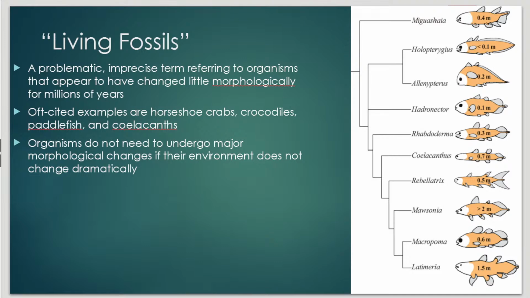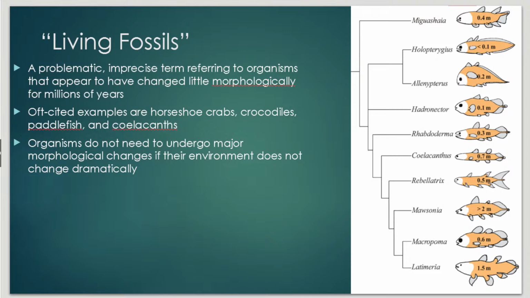I think the important thing is it's an informal term. There is a term called stabilimorph, which is an attempt at a slightly more objective framing of this issue. A stabilimorph is defined as a genus that lasts longer than one major extinction event.